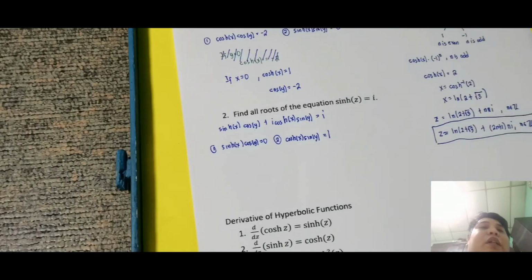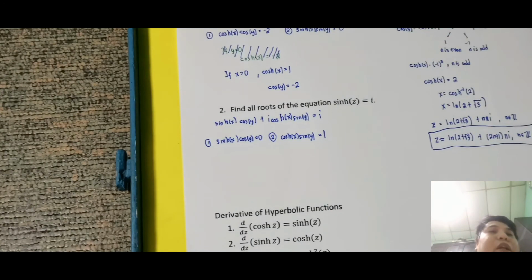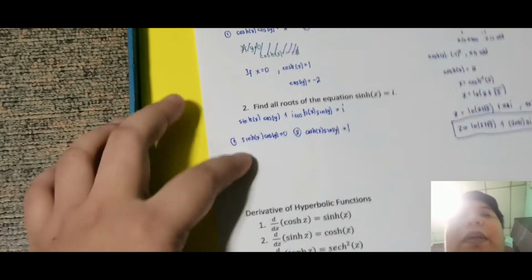Okay, so ngayon, sino yung may hyperbolic? Siyempre yung x. Therefore, set natin na x is 0. When x is 0, possible kaya na may solution tayo dyan? Check natin.